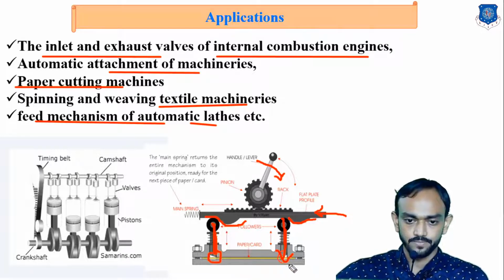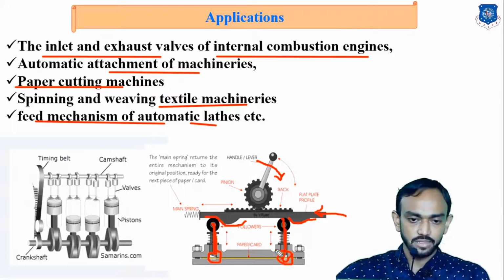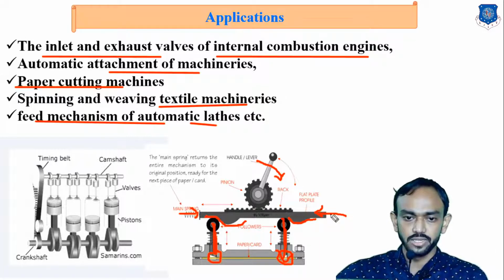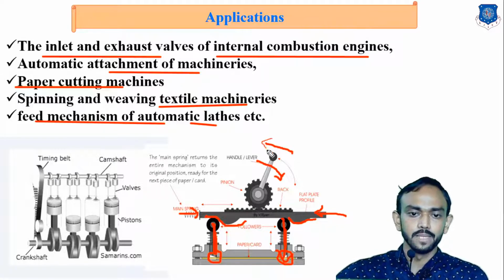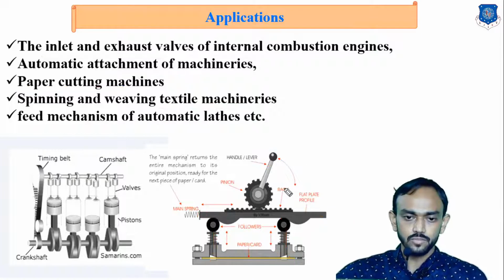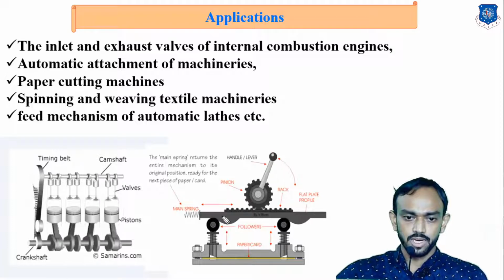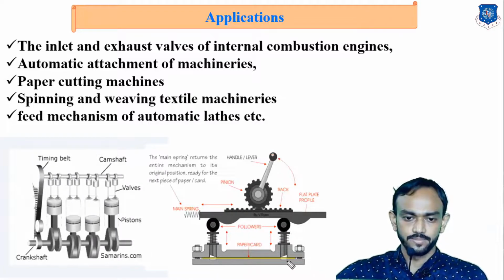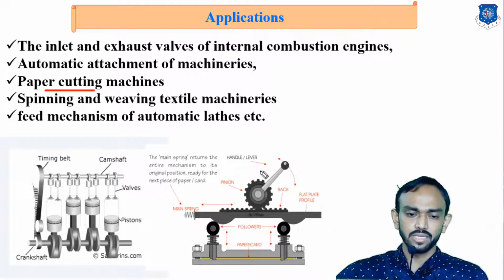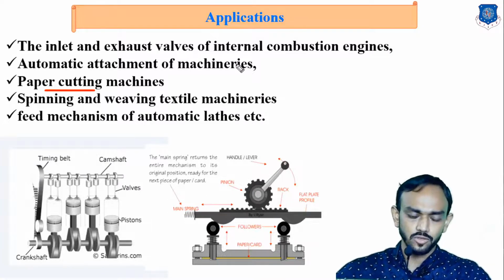When the output is done and the paper is cut, this spring will force the total body back to its original condition, and the lever will move backward automatically. You can see the reciprocating motion of this plate, and with respect to that, these two followers will cut the paper. This is the application of the paper cutting machine, and this type of mechanism is widely used in lots of machines.